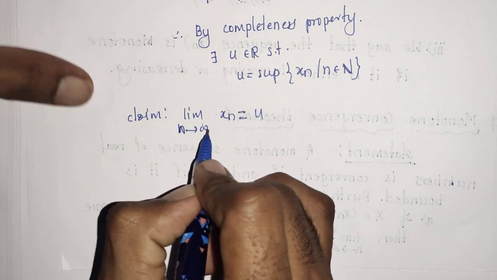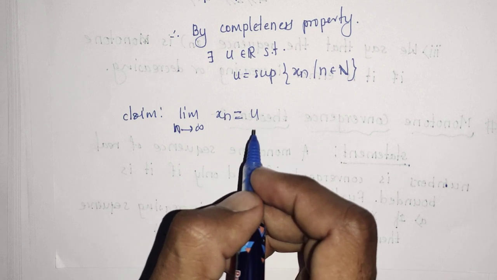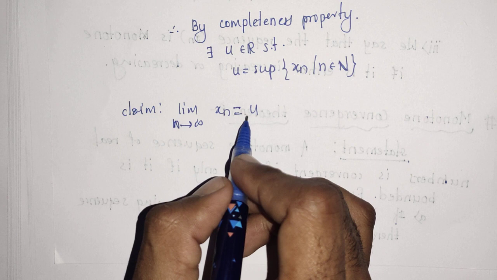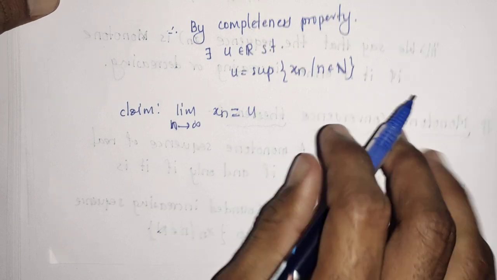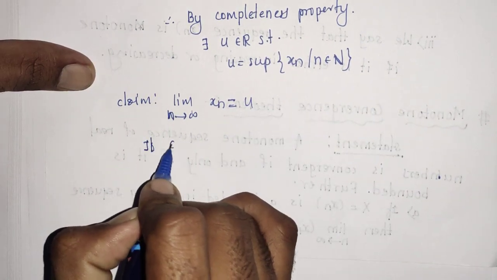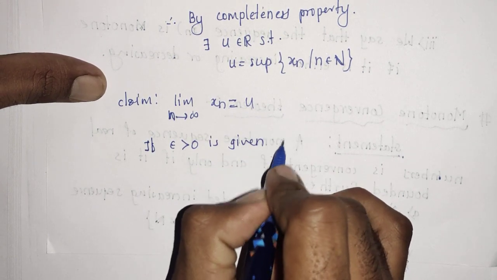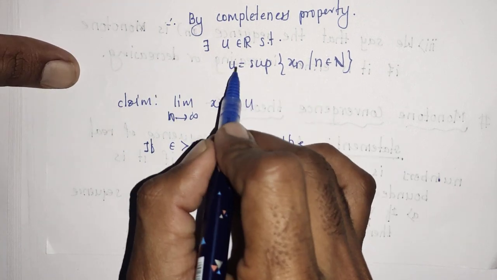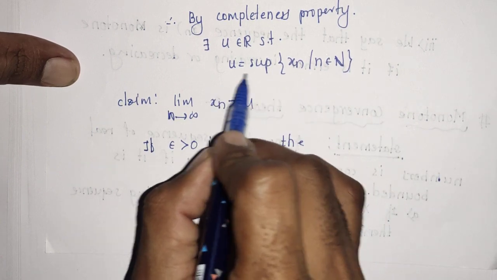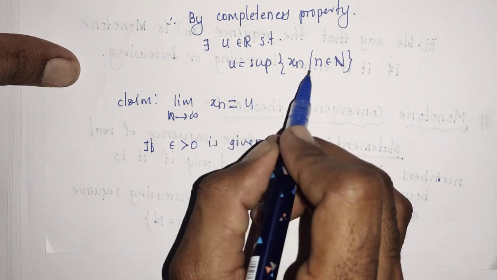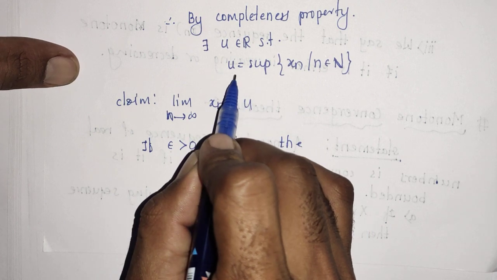The limit of the sequence exists means for all epsilon positive there exists some N belonging to natural numbers such that mod of xn minus u is strictly less than epsilon for all n greater than or equal to N. So if an epsilon positive is given, then as u is the supremum, u is the least upper bound, least among all the upper bounds.